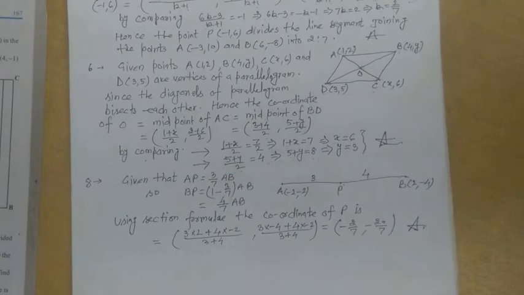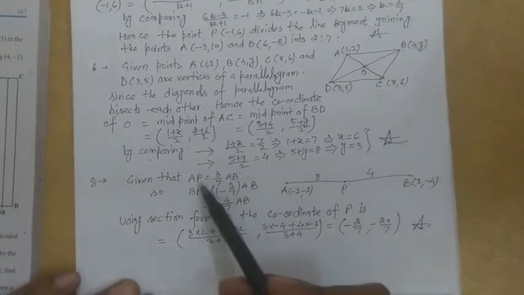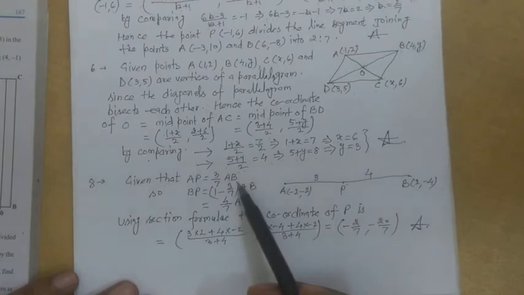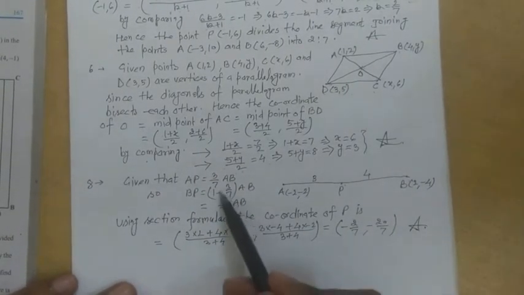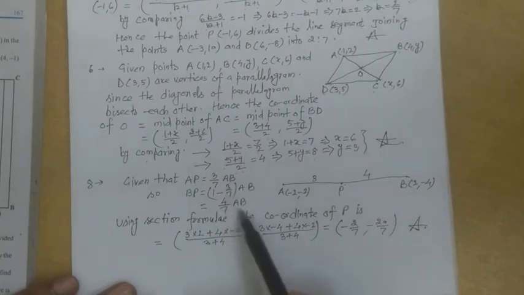Now question number 8. If A and B are (-2, -2) and (2, -4) respectively, find the coordinates of P such that AP is equal to 3 upon 7 AB and P lies on the line segment AB. We are given AP is equal to 3 upon 7 AB. It implies BP is equal to 1 minus 3 upon 7, that is 4 upon 7 AB.